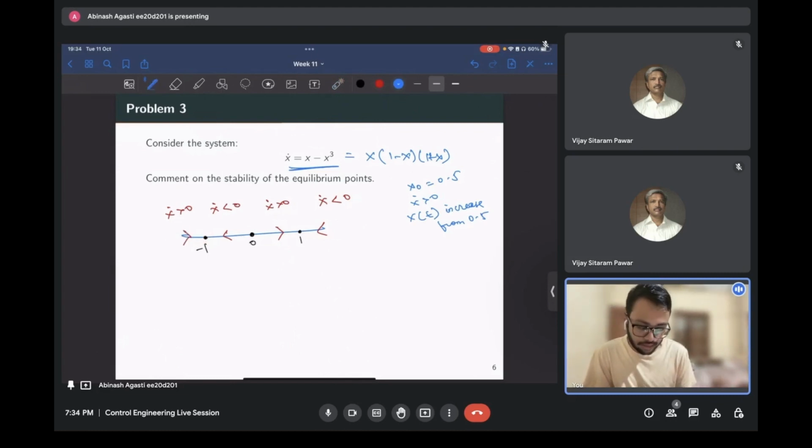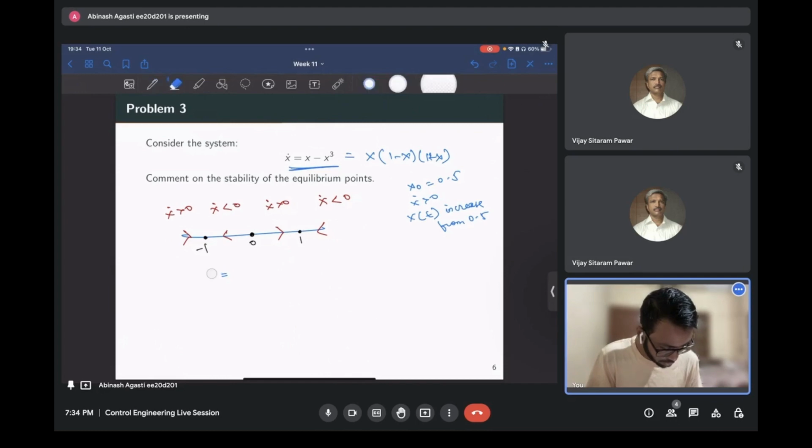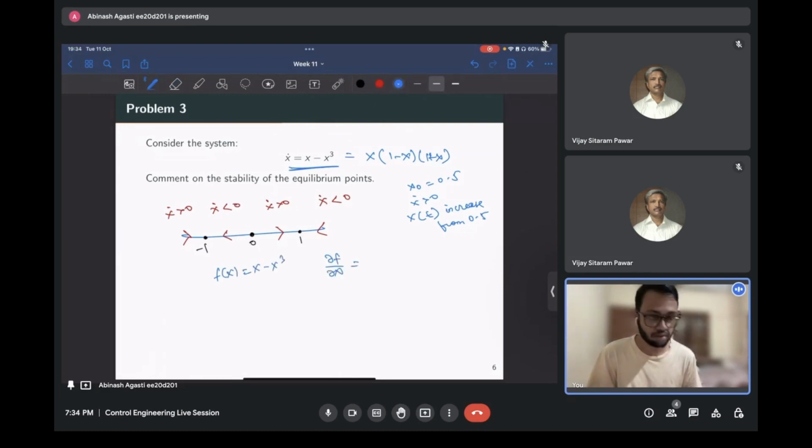Now let us linearize the system. Here f of x is x minus x cube, and the partial derivative of f with respect to x, because this is a single-dimensional thing, is 1 minus 3x squared. We have three equilibrium points: minus 1, 0, 1.